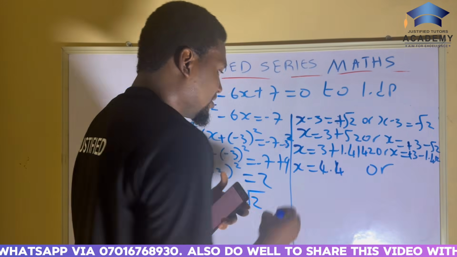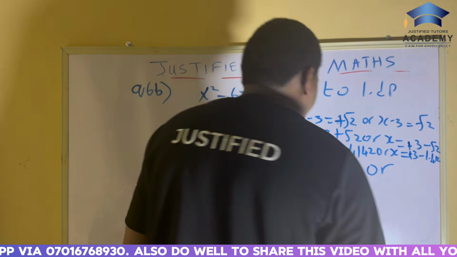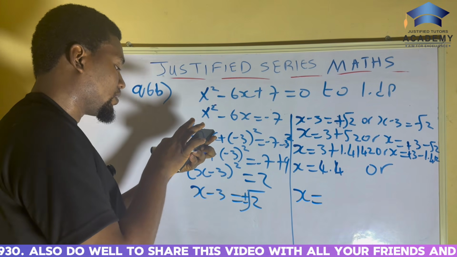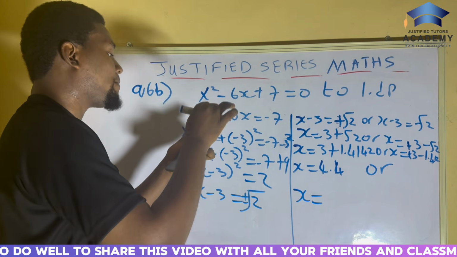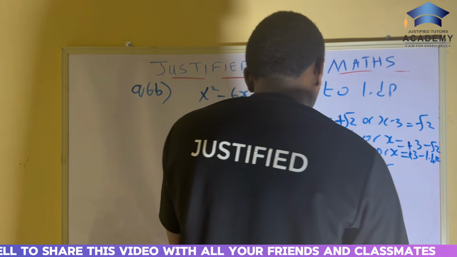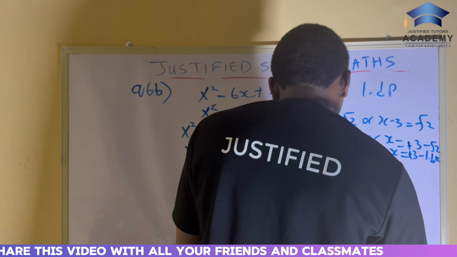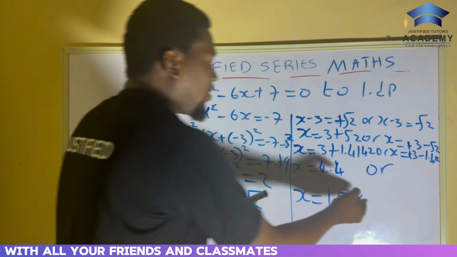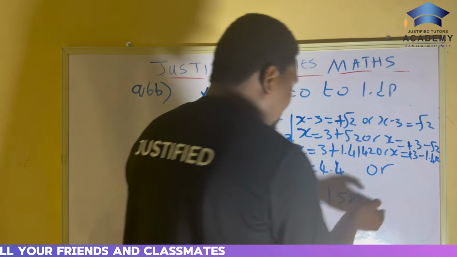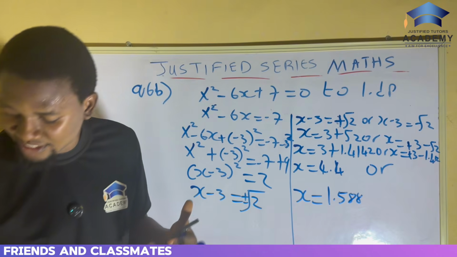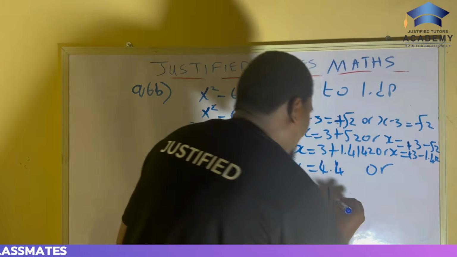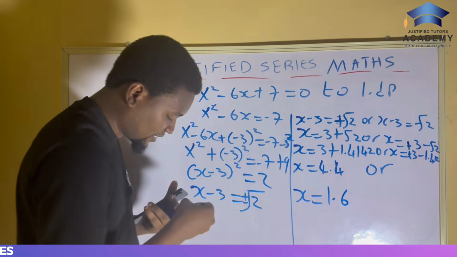So 3 minus 1.412 will give us 1.588. So now, approximately, because one decimal place is the requirement, this becomes 1.6. Oh yeah, 1.6. So that's the answer.